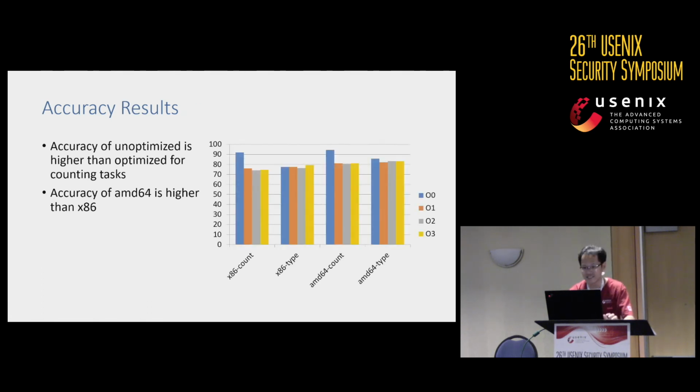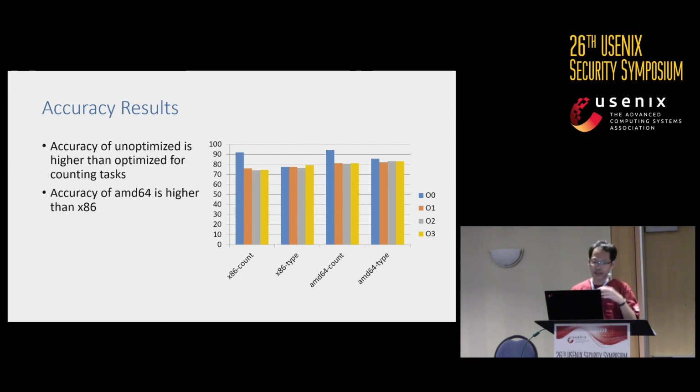So what we see here is a graph of the accuracy plotted based on the optimization levels and the task being performed. We can see that for AMD64 type, that means the type recovery for AMD64 functions, the accuracy for O0 to O3 is about 80%, and it's pretty much stable across optimization levels.